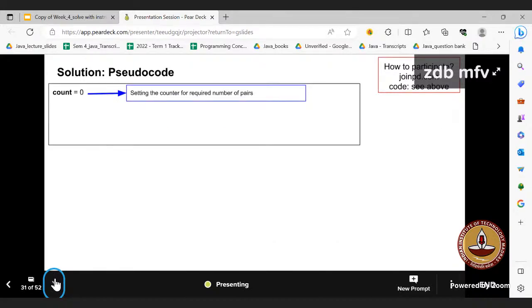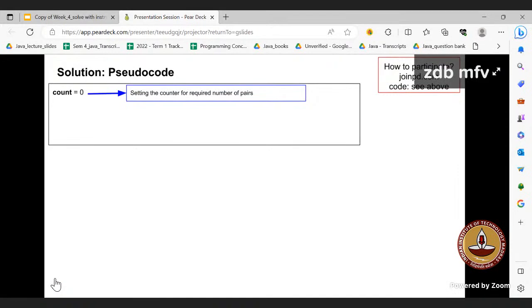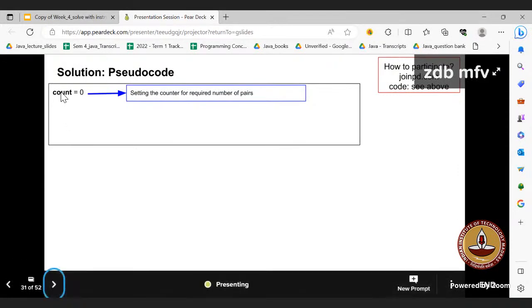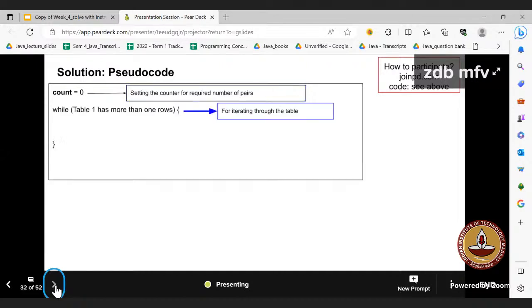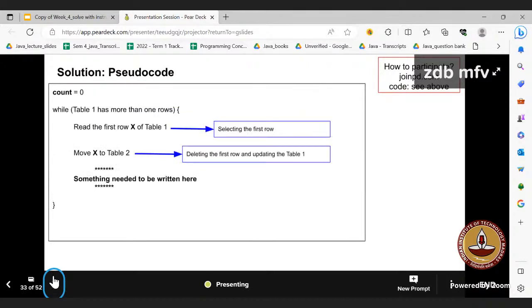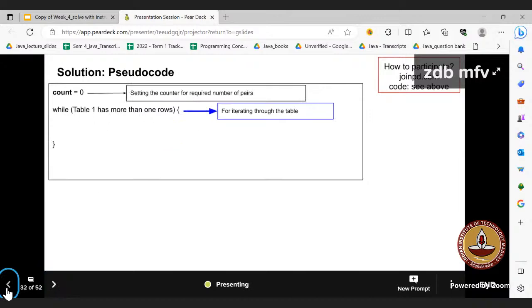So for the pseudocode, first you have to count the number of pairs. So you have to keep a counter. That's why you will initialize count equal to 0. Then you will iterate while table 1 has more rows.